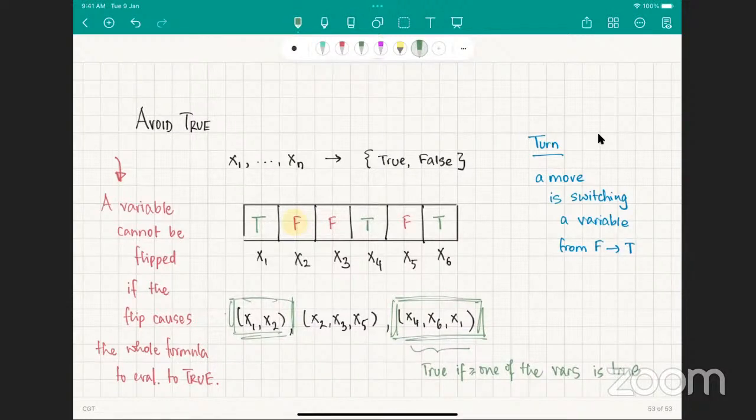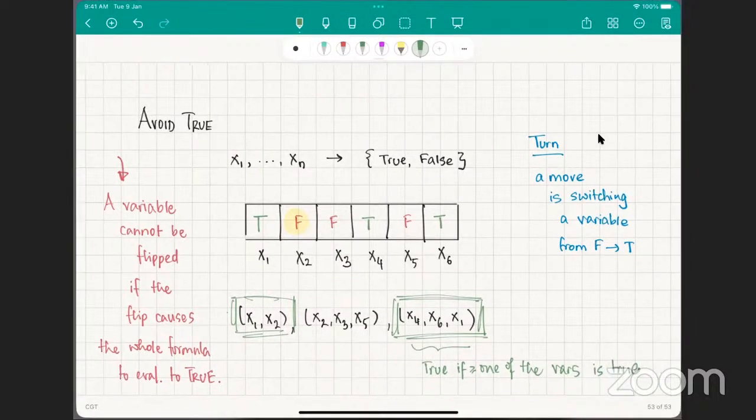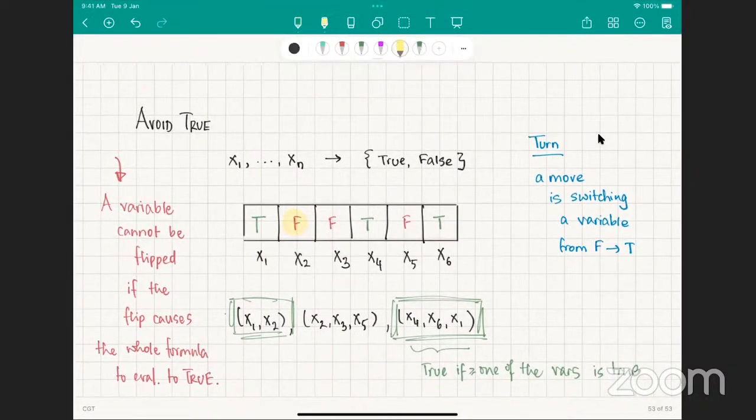And at this point, let's see. If there are other moves to be made, well, x3 and x5 would both trigger the second formula. So those are again out of bounds. And once again, the second player is stuck.